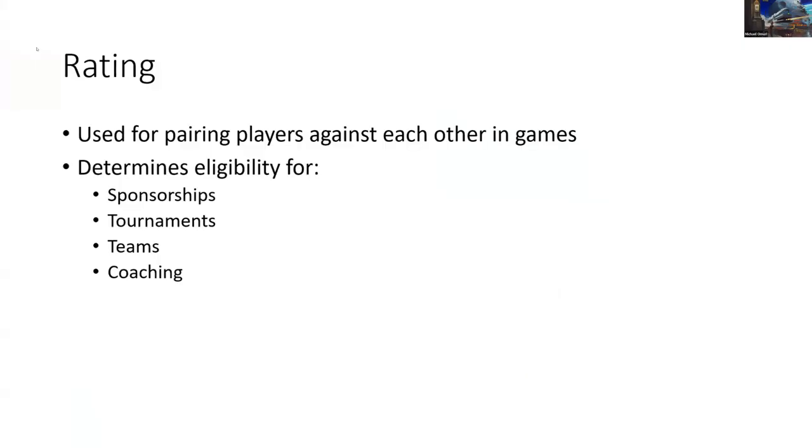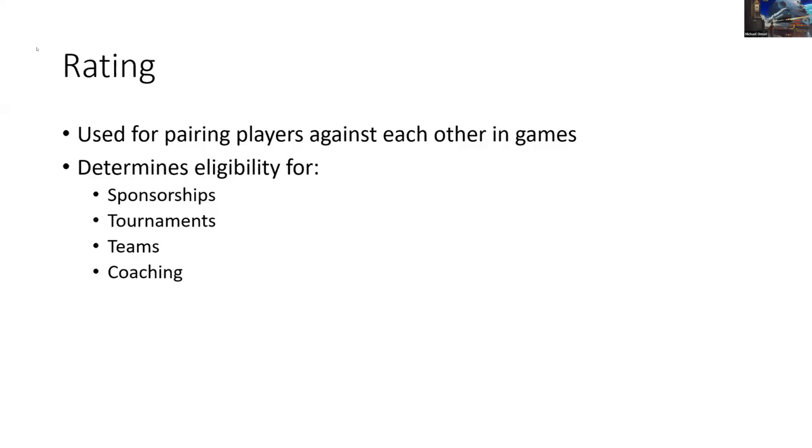So what is a rating? Rating is used for pairing players against each other in games. There are different types of rating systems, like the international chess rating system that uses the FIDE rating, which is based off a much older algorithm, which basically takes into account your rating, the opponent's rating, the result, and then the expected result.